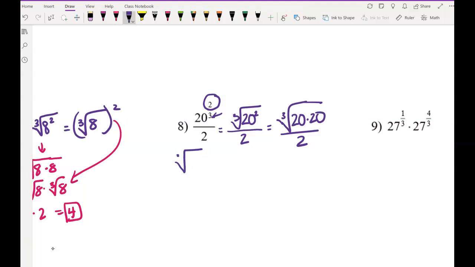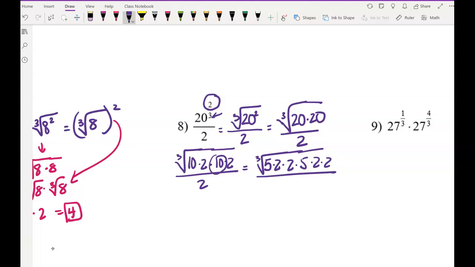Then I'm going to simplify some more. 20, guys, is going to be 10 times 2. And then another 20, so it's going to be 10 times 2. And as you can see, 10 is going to be 5 times 2. So keep on going. 5 times 2, and then times 2, and then this is another 10. So that's going to be 5 times 2 times 2, all over 2.